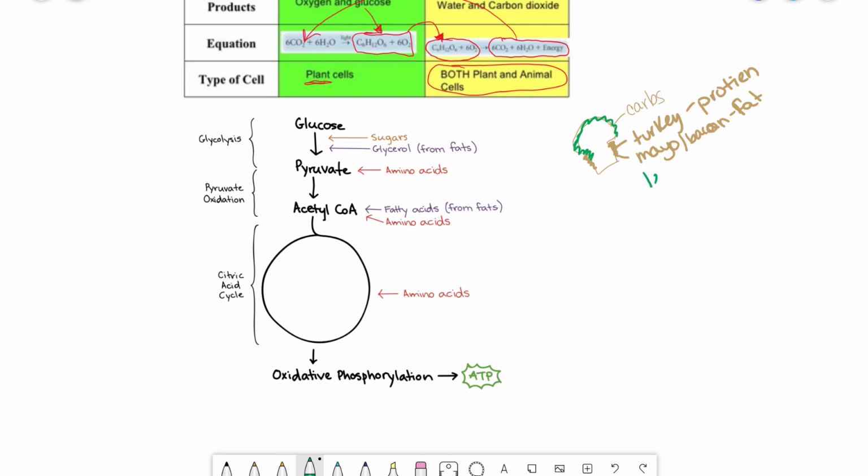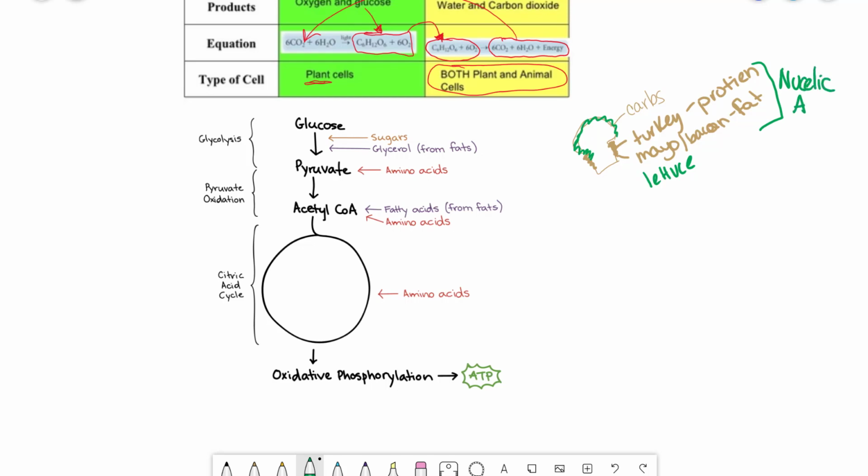Now, anything that's an animal or a plant product is going to have nucleic acids in it. Lettuce has DNA, and turkey and bacon are going to have DNA of the animal that they came from. So all of these things are going to have nucleic acid in them.